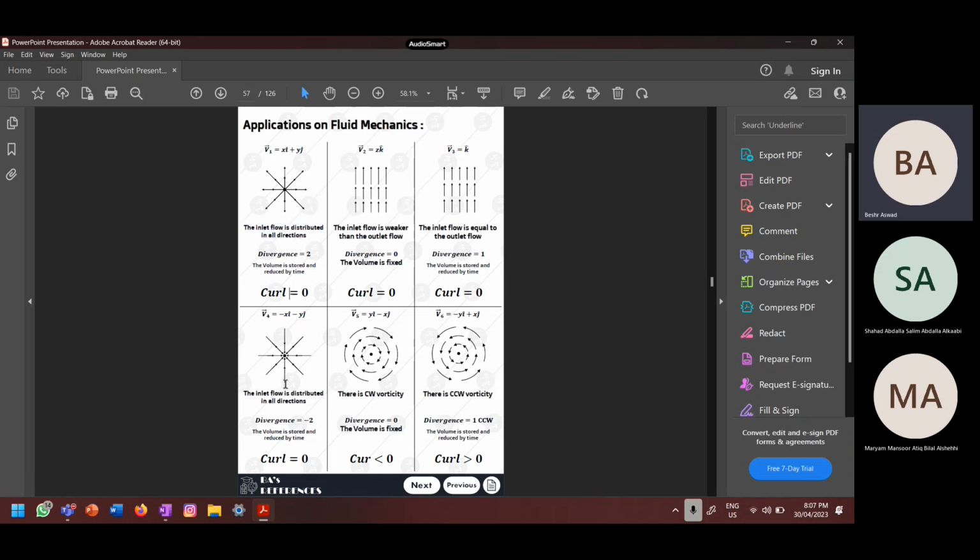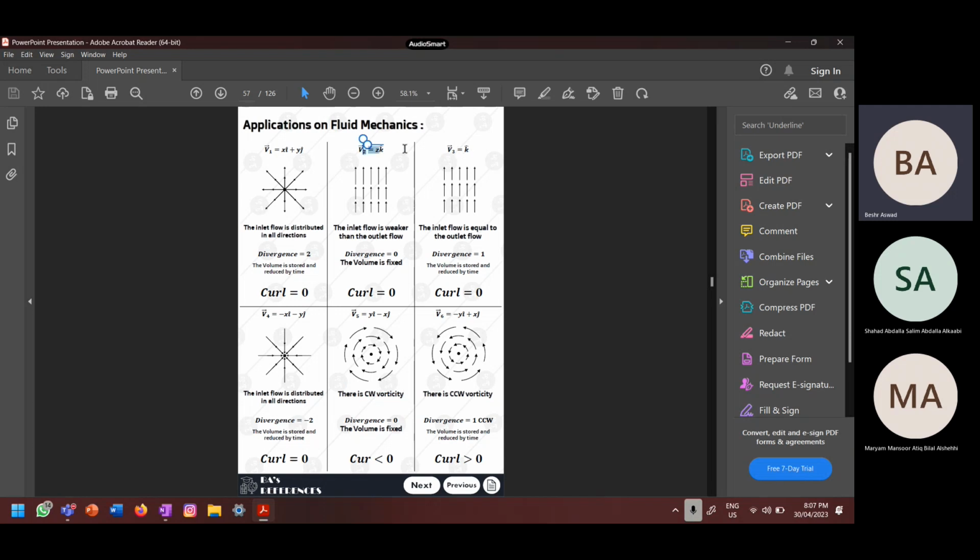Read this, try to imagine it, and apply curl and divergence to understand what you're doing here. Remember the counterclockwise and clockwise flow. Remember the signs.